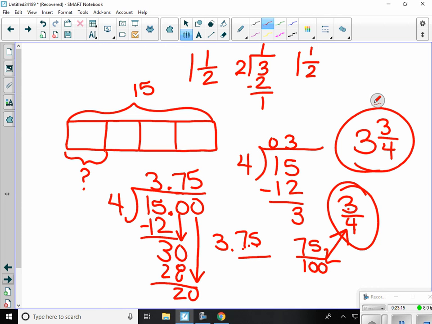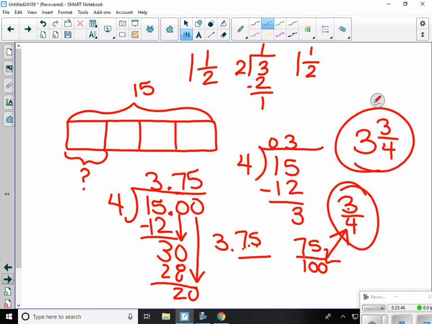Now, I was asked this morning, can we just use an easier or lazier way to do my math? If you're taking a test and it says, write your answer as a fraction, you have to write it as a fraction. If you give it to me as a decimal, I'm going to say, it says fraction. It might say decimal or fraction.